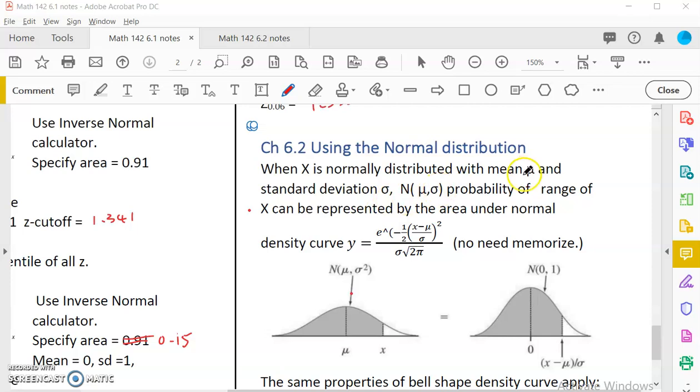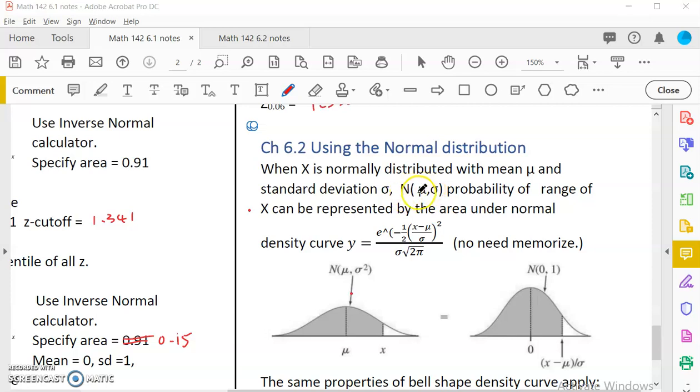We use directly the mean and standard deviation sigma. So if we use the notation N, open parenthesis, mu and sigma, to denote a continuous random variable that is normal with mean mu and standard deviation sigma, then if you see this, you're referring to something that is normally distributed.